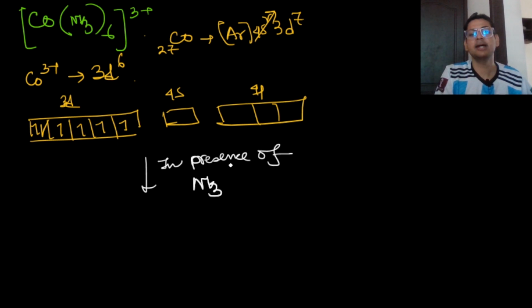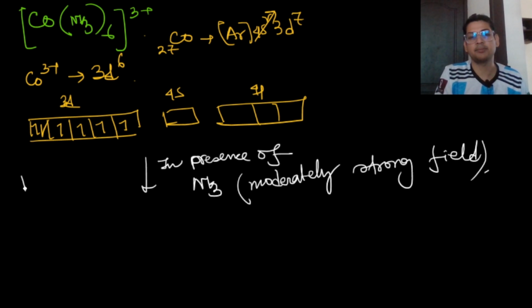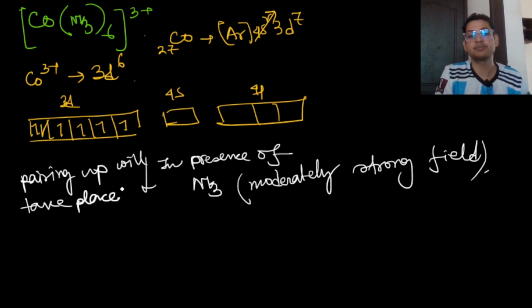Ammonia is a moderately strong field ligand. If it is a moderately strong field ligand, then it can pair up. Pairing up will take place. But there is another factor, as it is d6, t2g will be highly stable. I am not going into all these things in detail right now. So the pairing up will take place.